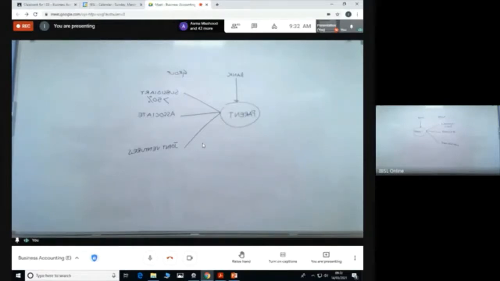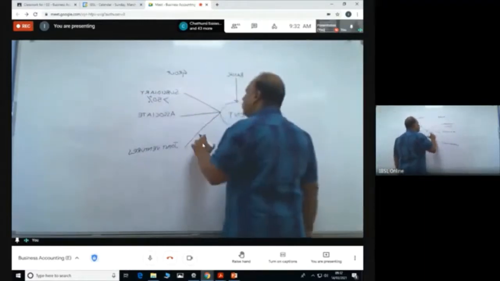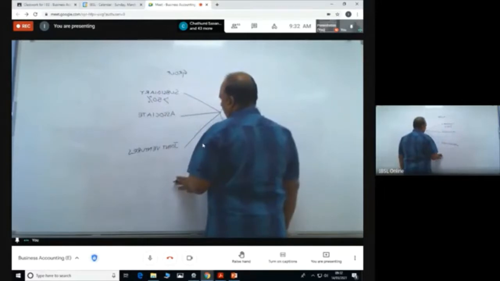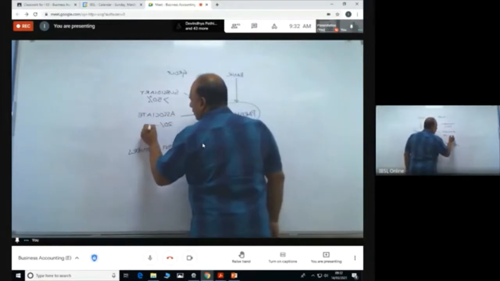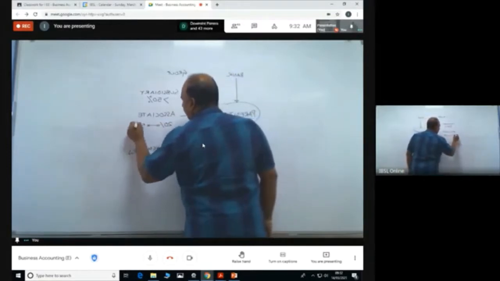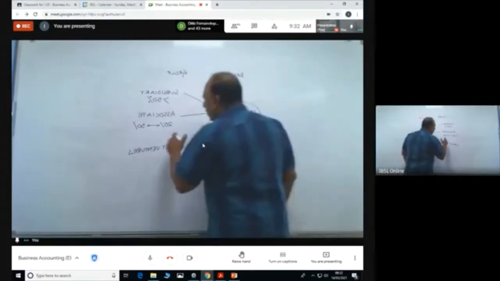So this is in terms of the shareholding. Here you see the subsidiary is where you hold more than 50%. The associate is where the holding is between 20 and 50.